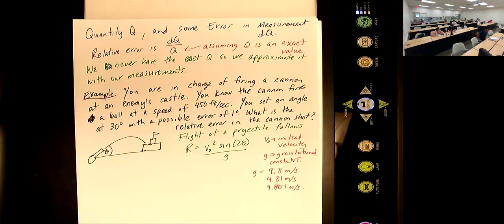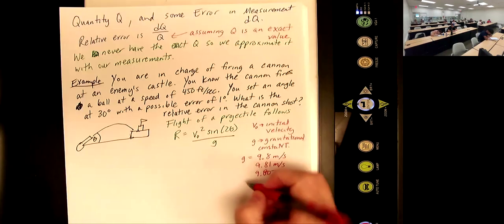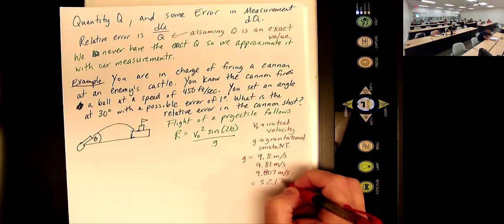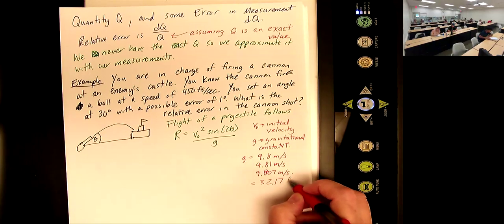So let's find one in terms of feet per second. 32.17 feet per second squared.